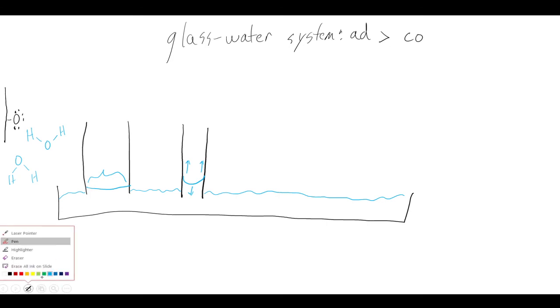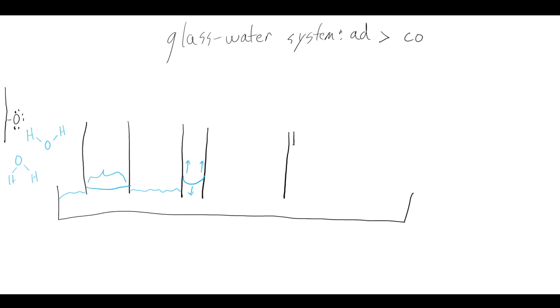And so I can make this tube really thin, and now I'm creating a ton of liquid water molecules that are exposed to these silicon oxide dangling lone pairs of oxygens compared to the water molecules in the middle of the tube. And so as you make these tubes thinner, the water level rises.